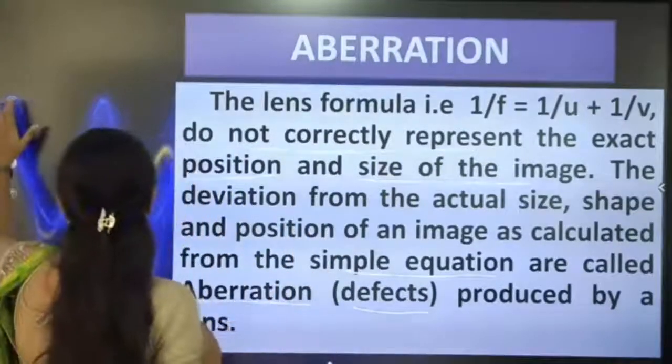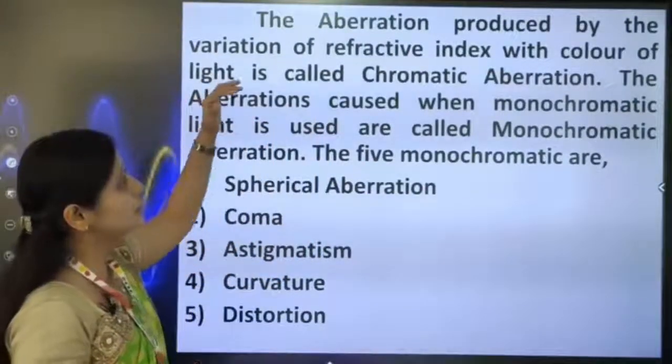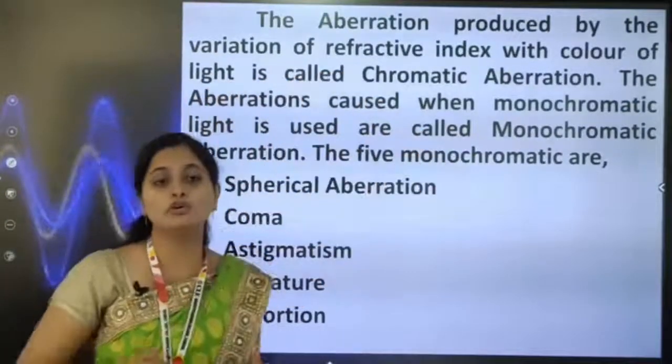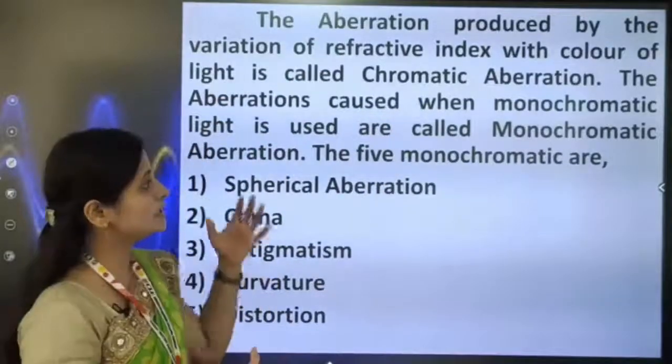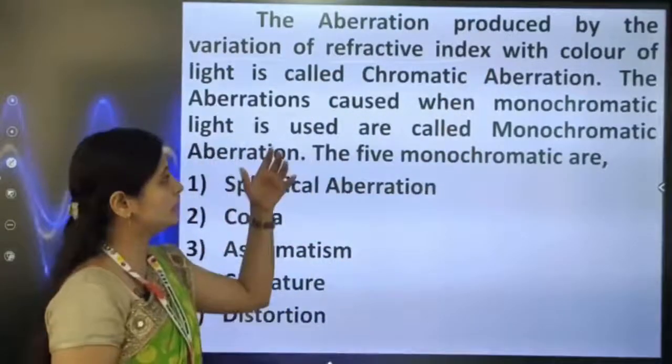Next, see here, the aberration is produced by the variation of the refractive index. How are aberrations produced? Here, by the variation of the refractive index with the colors.